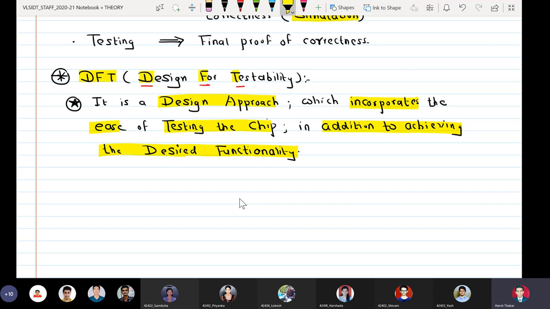That is why along with the design team there was a testing team which used to put certain blocks inside the IC design in the architecture, so that even after the chip is manufactured it was easily testable. Got the point?